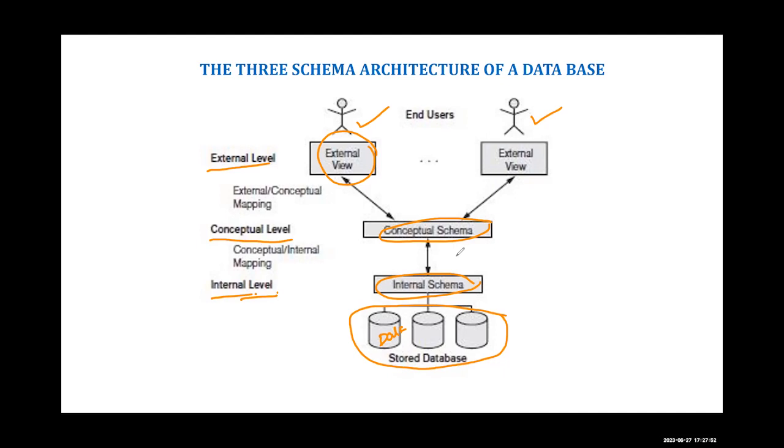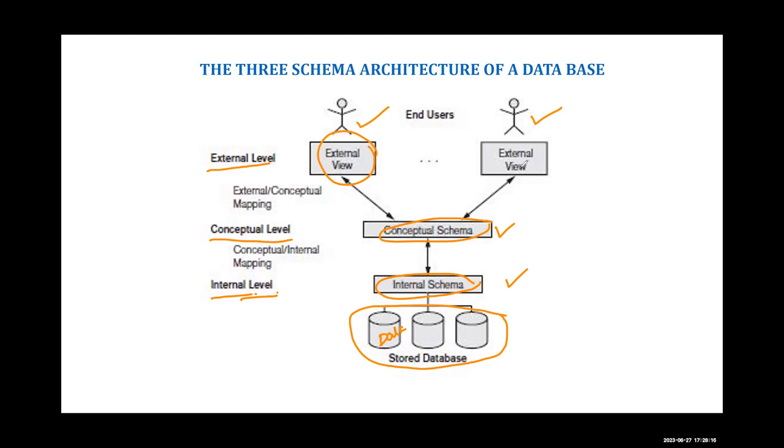In this architecture, the overall database description can be defined at three levels, namely internal, conceptual and external levels, and thus it is named three level RDBMS architecture. That is the reason we call it three schema architecture, or sometimes we also call it three level RDBMS architecture.